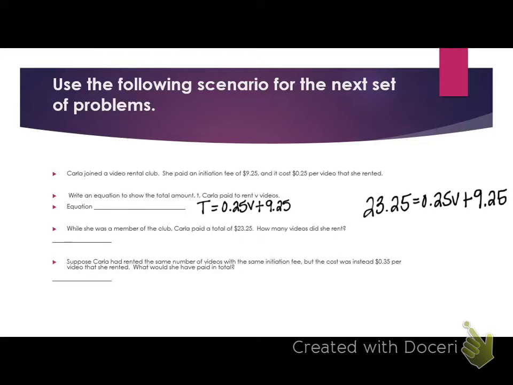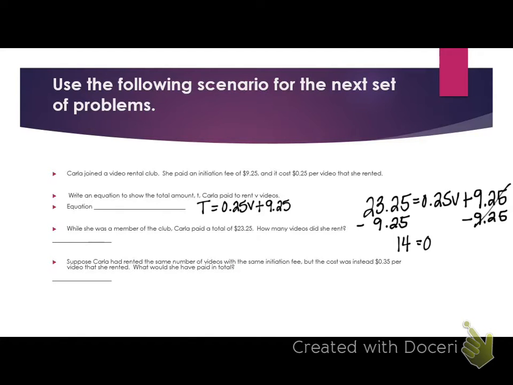Now this is just a two-step equation like we've solved in class. You would undo what is done to the variable, which is v. To make 9.25 disappear on the right side, you would subtract 9.25 from both sides, because that makes this equal 0 on the right. And 23.25 minus $9.25 is $14.